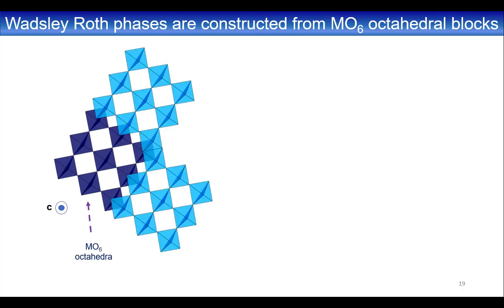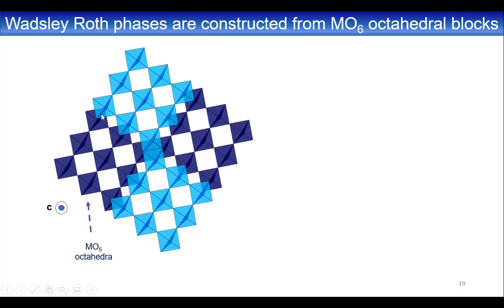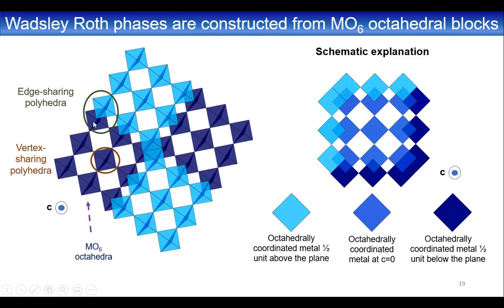And then you form a checkerboard-esque pattern where you take this 3x3 block and move it out of the screen by a half octahedral unit and then place it. And then you come out with this interesting structure. And there are 2 particular motifs that are of interest. One are these vertex sharing octahedra, and 2 are these edge sharing octahedra.